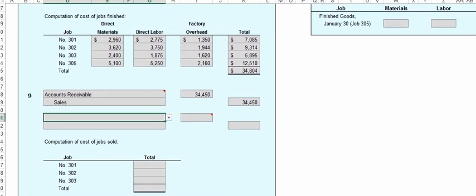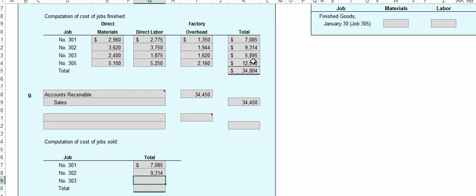Well, what we'll do is go back up to our chart, computation of cost of jobs finished, figure out the cost of the ones that were finished, just move those down here for the ones that were sold, right? So 301 was sold, its cost was $7,085. 302 was completed, its cost was $93.14. 303 was completed.